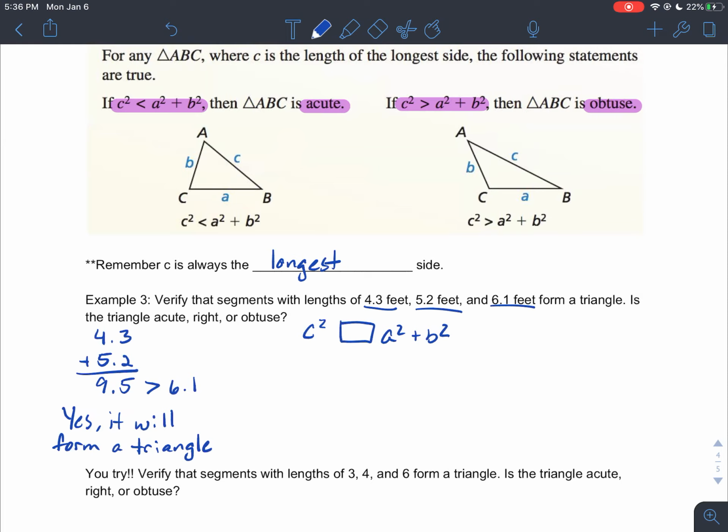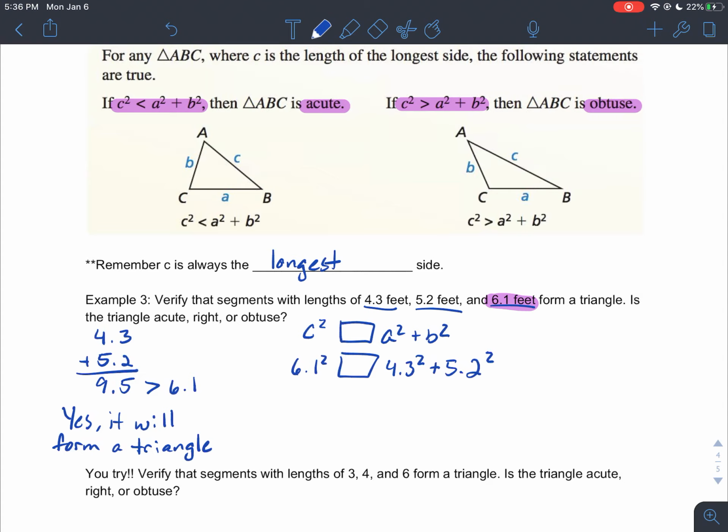Okay, so c is the longest side, which is 6.1 in this case. So 6.1 squared is something, less than, equal to, or greater than a squared plus b squared, so 4.3 squared plus 5.2 squared. All right, then I'm just going to plug these in my calculator.